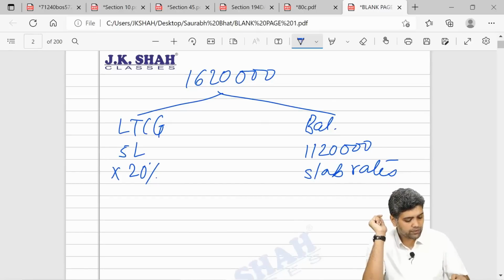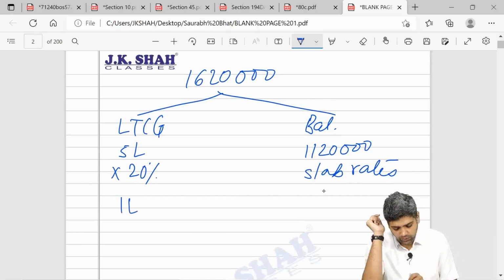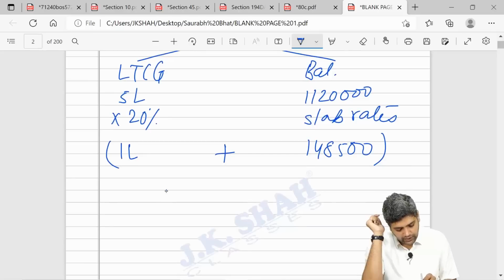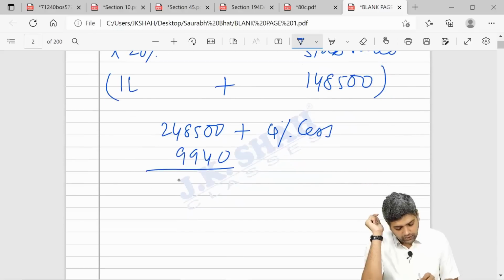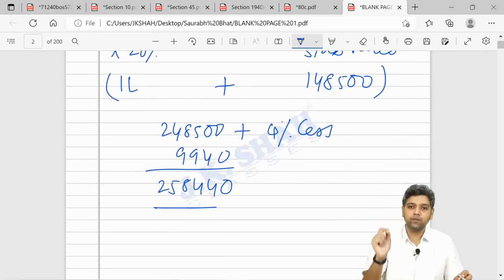On 5 lakhs 20% comes to 1 lakh rupees, and on 11 lakh 20,000 it comes to 1,48,500. When I aggregate the two, I get an amount of 2,48,500, to which I will add 4% education cess, that is 9940, and the final answer is 2,58,440.